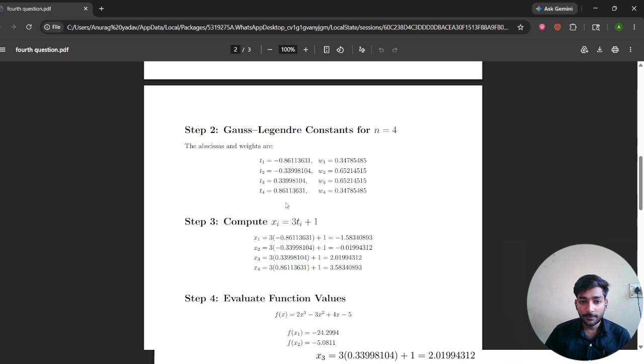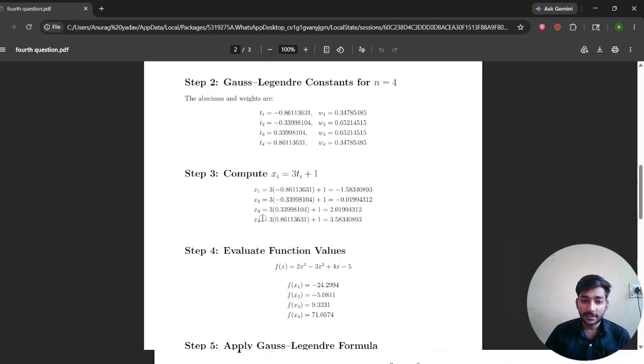When we put the value of t3 in this equation, we get the value of x3, and when we put the value of t4, we get the value of x4. Here we calculate the values of x1, x2, x3, and x4.